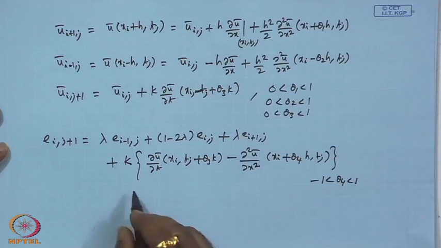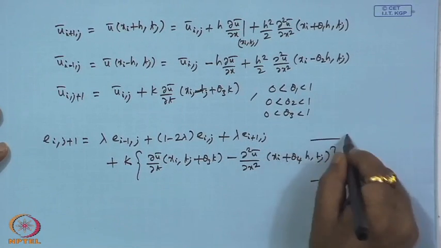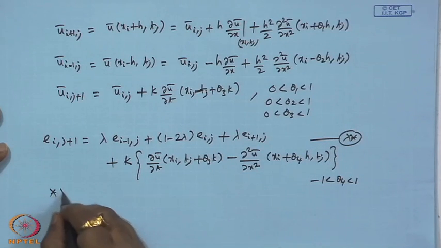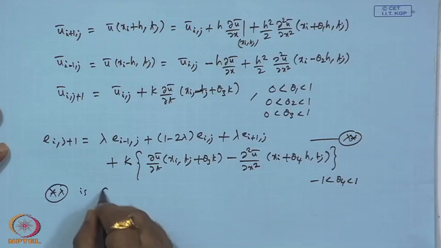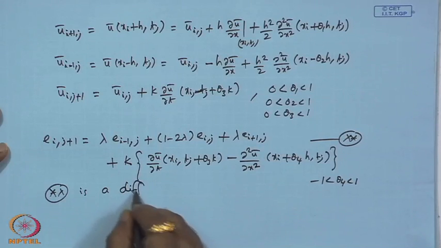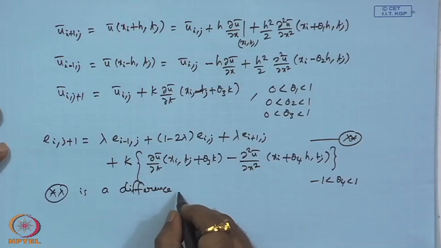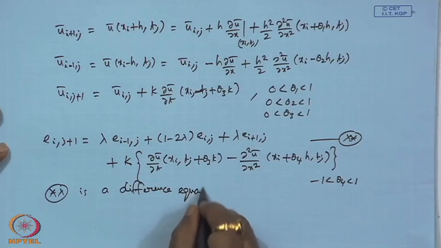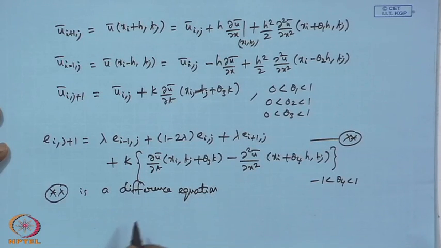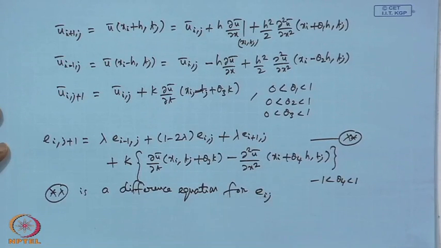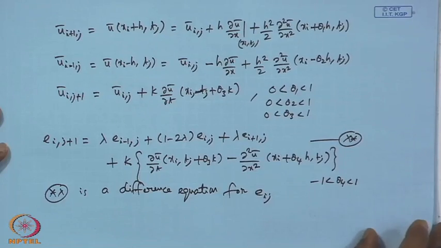So, this double star is a difference equation for E_i^j.